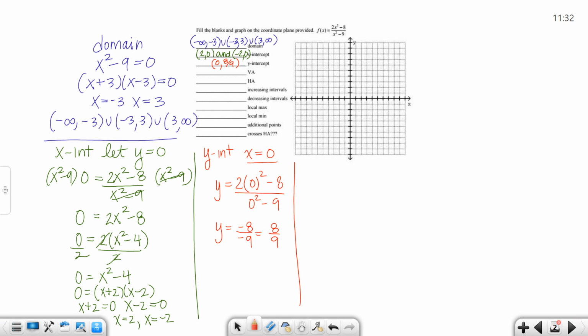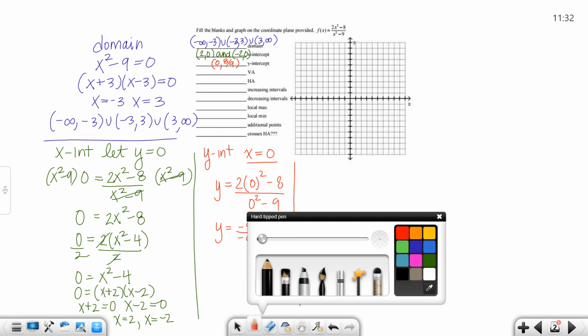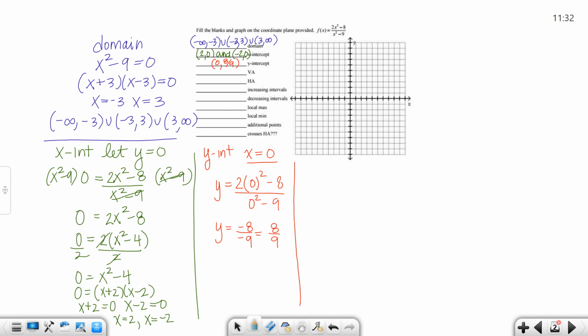Keep going down our list. The next thing you have is your vertical asymptote. Remember, to find the vertical asymptote, you factor completely, cross out, and set the denominator equal to 0.